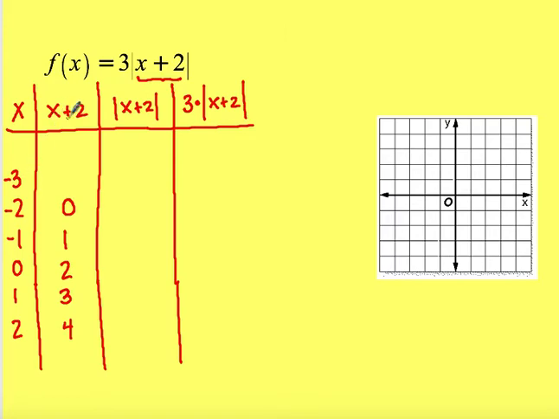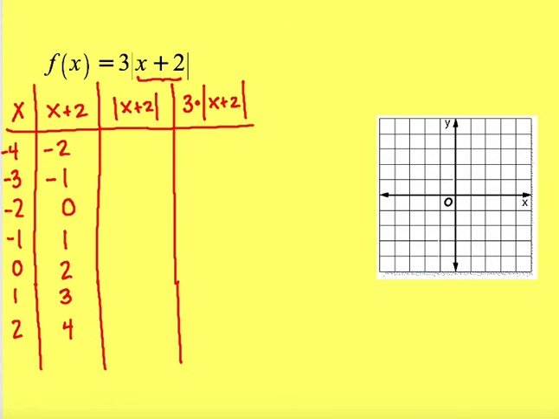So negative 3 plus 2 gives me negative 1. Negative 4 plus 2 is going to give me a negative 2, and that's really what I needed so that when I take the absolute value, these are going to become positive, and you're going to see the graph going down to 0 and then head back up.